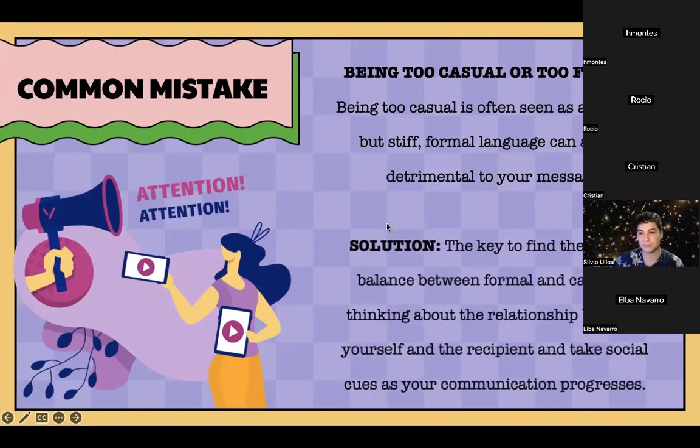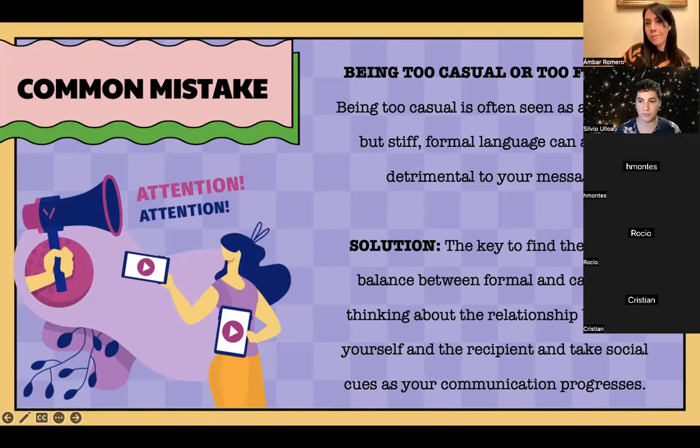So what is the solution according to many pages, right? According to many things that I read, the key, and this is very similar to conversation, to spoken English, the key to find the perfect balance between formal and casual is thinking about the relationship between yourself and the recipient, and take social cues as your communication progresses.